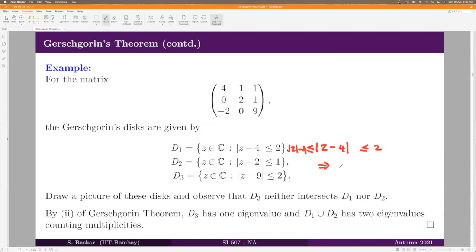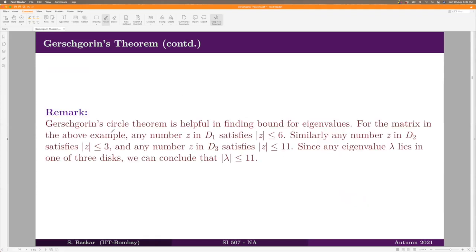That implies mod z is less than or equal to 6. Similarly, this says that mod z is less than or equal to 3, and this says that mod z is less than or equal to 11, right? So that is what I have written here.